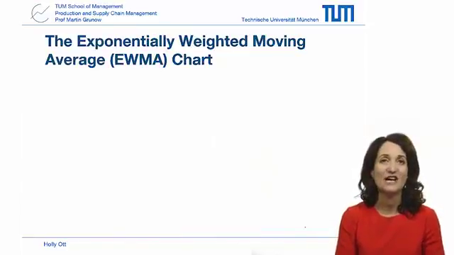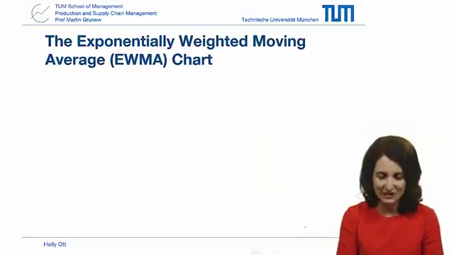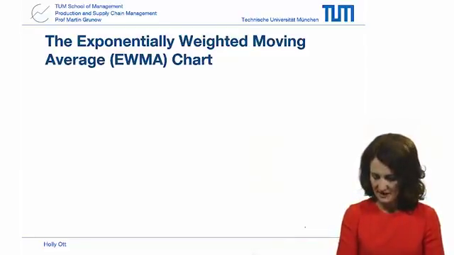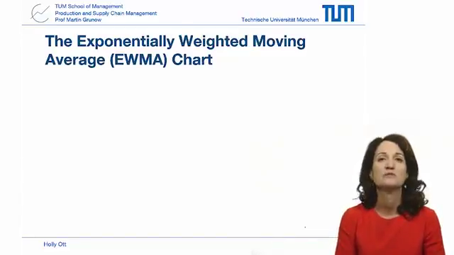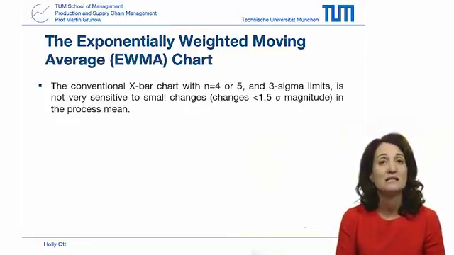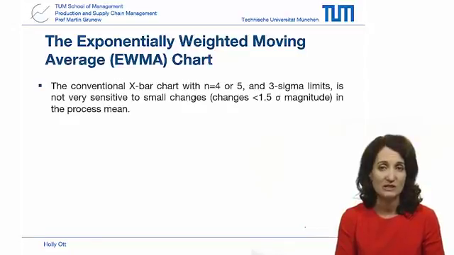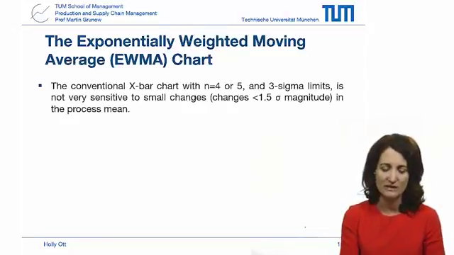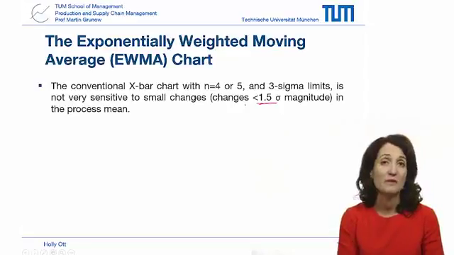The last is the exponentially weighted moving average chart, or EWMA, and we're not going to go through too many details here. There is more in our textbook. This is widely used, but we're going to just go over a few main points. We noted that the conventional X-bar chart with n equals 4 or 5 with the 3 sigma limits is not sensitive to small changes in the process mean, for example, less than 1.5 sigma magnitude.